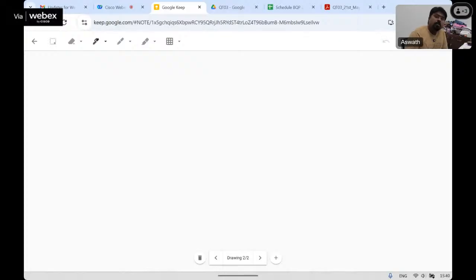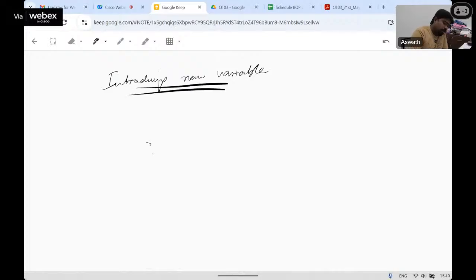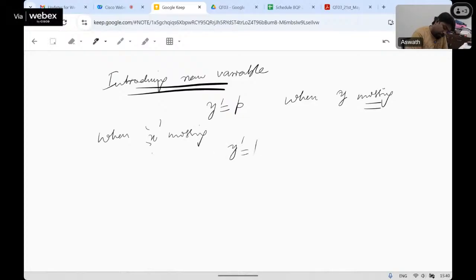So in that way, by reduction, by introducing a new variable, like y prime equal to p when y is missing, when x is missing, in this case I'll introduce y prime equal to p, and also I'll introduce y double prime equal to dp by dy into p.